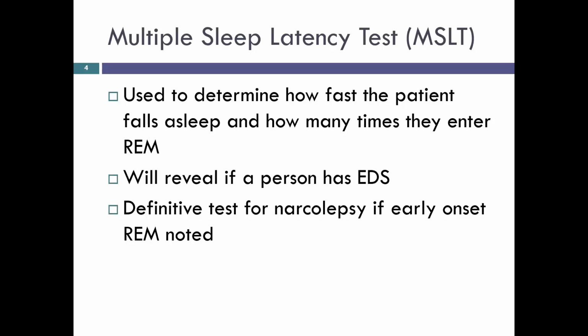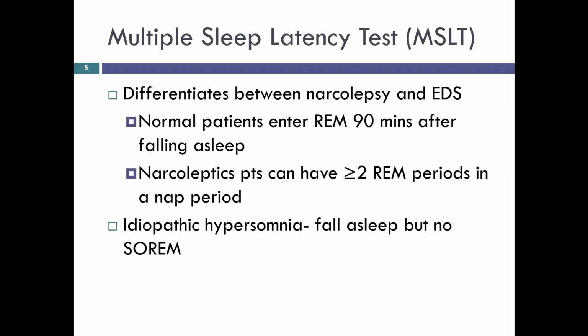And it's the only test now, used in conjunction with the patient's history, that we can definitively say a patient has narcolepsy. They used to do cerebrospinal fluid testing for narcolepsy, and there was only one place left, I think in Connecticut, doing it, and they don't even do it anymore. So this is the only way a person can get diagnosed for narcolepsy.